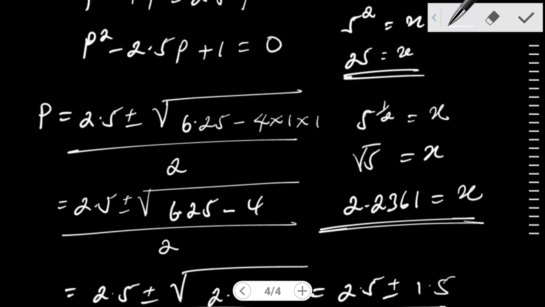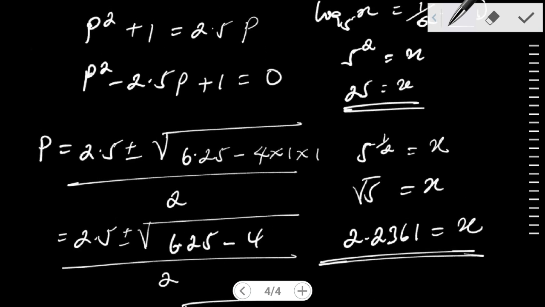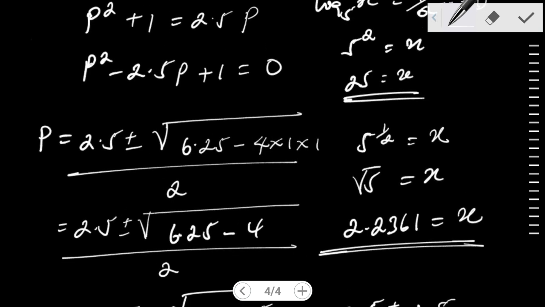So this is how you use the elementary rules of logarithm to solve an equation, but you have to be conversant with quadratic equations. Now let's try another example.